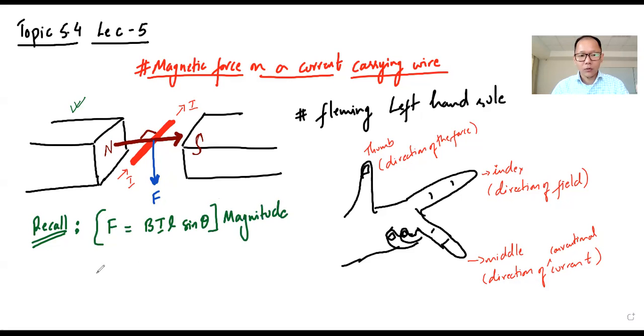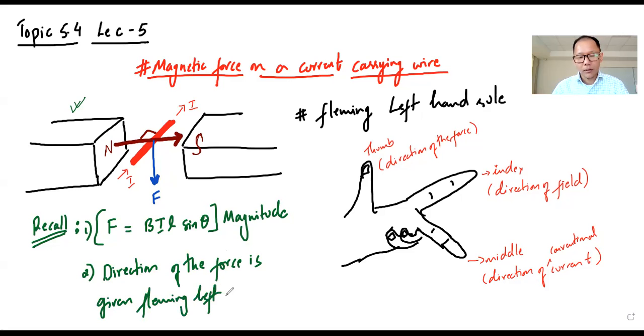So if you want to find the magnitude, you use this formula. The second point is the direction of the force. If you want to find the direction of the force, you use Fleming's left-hand rule, where the thumb represents the direction of the force, the index finger represents the direction of the field, and the direction of the field is always from north to south, so you always point your finger towards the south.